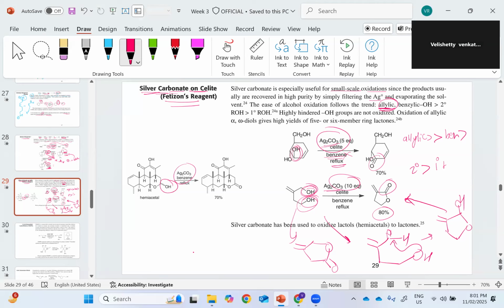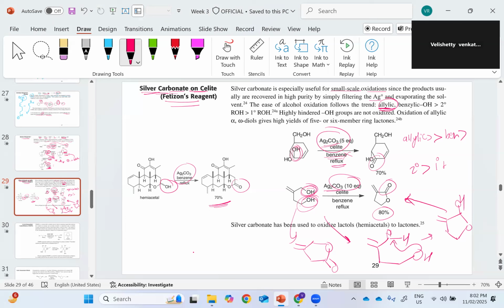So we use this silver carbonate in benzene and reflux it. In this case, we are able to oxidize this product selectively without affecting the stereochemistry of any other groups. It is a reported reaction, and it gives a 70% yield of the final oxidized product.